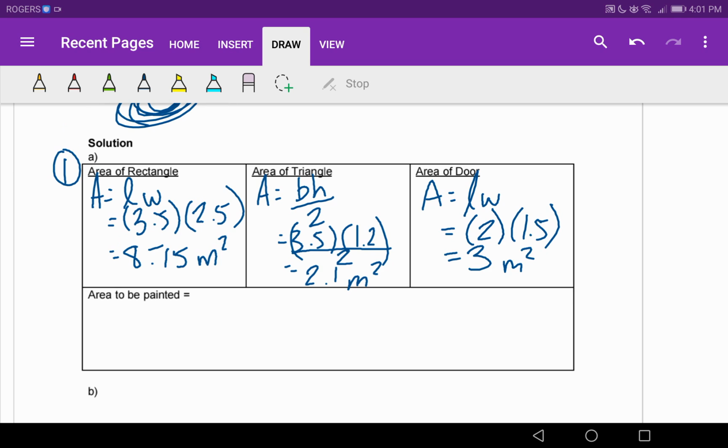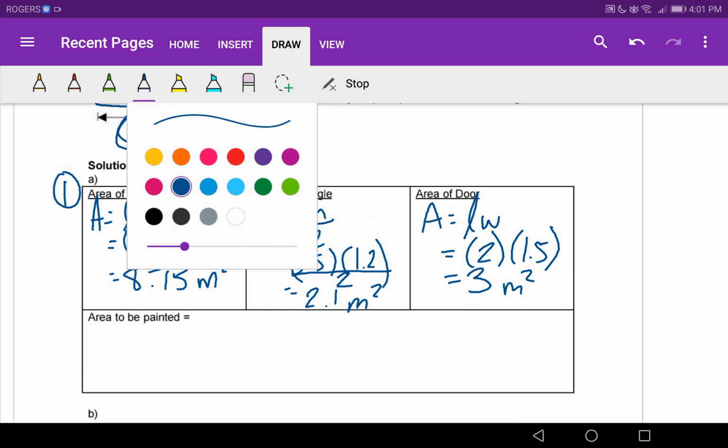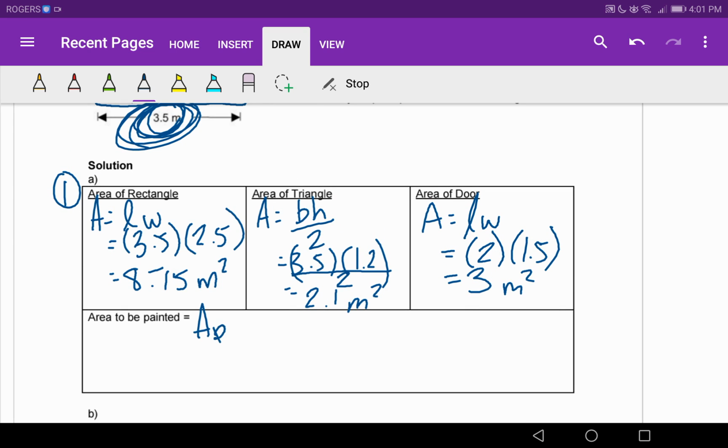Okay, so now the area that needs to be painted, we're just going to add the 2 shapes up, the large rectangle and the triangle, and then subtract the door. So we're going to go area of my rectangle, add it to the area of the triangle, and then subtract from that my area of the door.